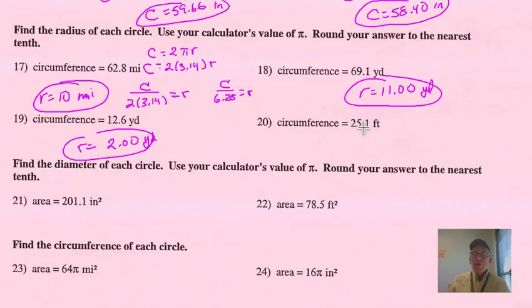So we're going to be doing 25.1 divided by 6.28, which is a 2 pi. So 25.1 divided by 6.28 is 3.99, which is 4.00 if we round it. And it's in terms of feet.